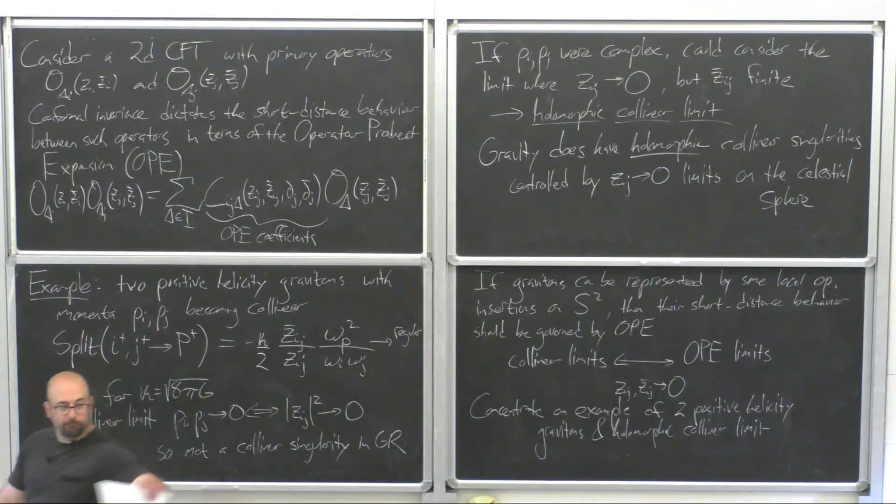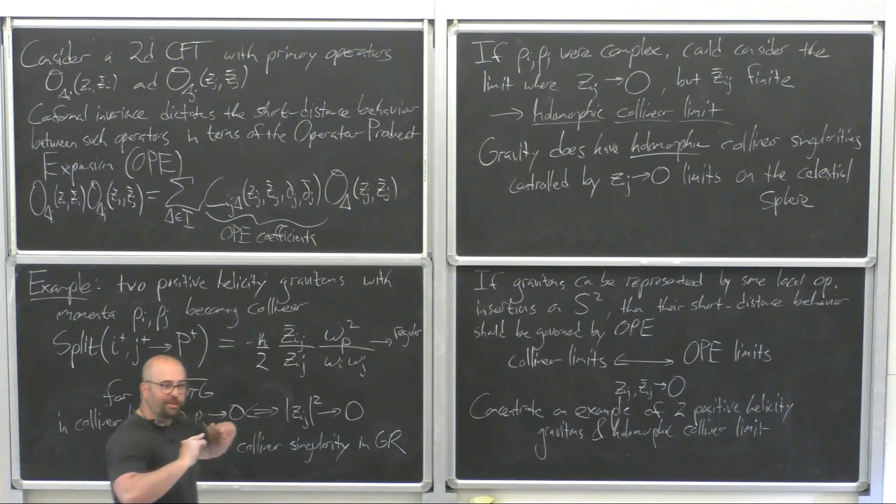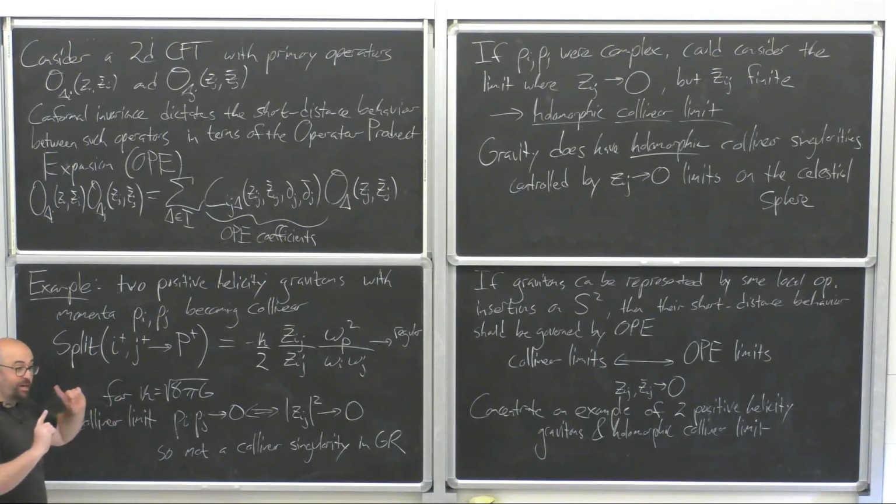Okay? So if I have two particles of the same helicity in a parity invariant theory, they can't fuse and create a particle of different helicity. But I can take a collinear limit of a positive helicity graviton and a negative helicity graviton, and then I could produce gravitons of both helicities. So I've made our lives simpler by considering this same helicity configuration.